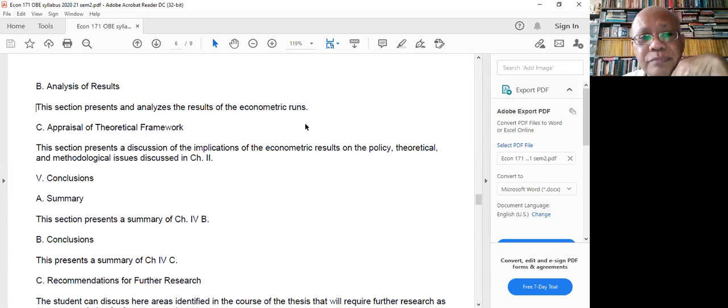Okay. And here, sa appraisal of theoretical framework, this is the part where you now discuss in an open-ended way na yung mga results niyo, what do they say? What are some of the implications of the results with regards to your theoretical framework?